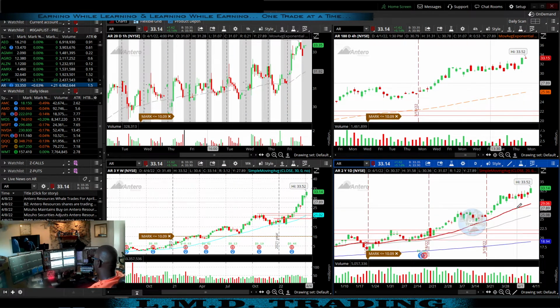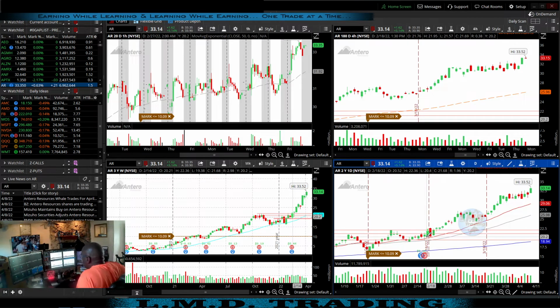And on my daily, when I initially did my moving averages, I made it easy for me to remember. Red, white, and blue. So red, 20, 50, 200. When those are stacked on top of each other like that, that's a good thing. This was an excellent entry way over here when those crossed.